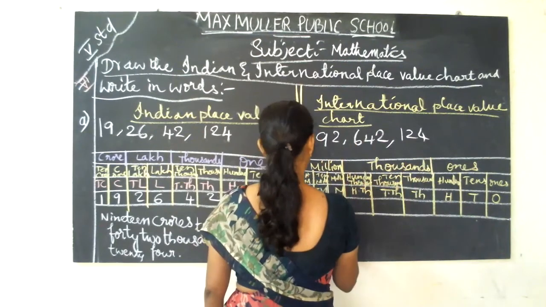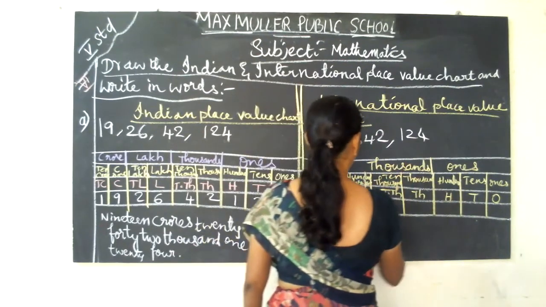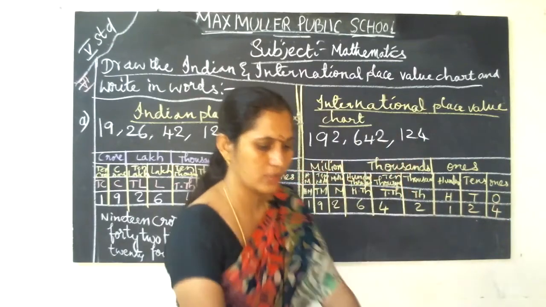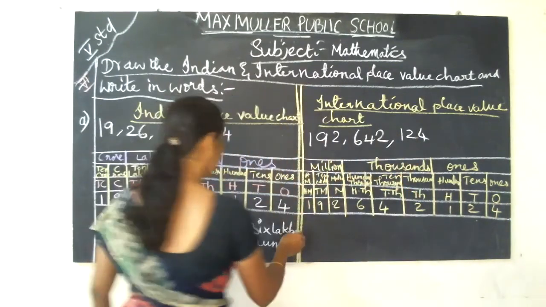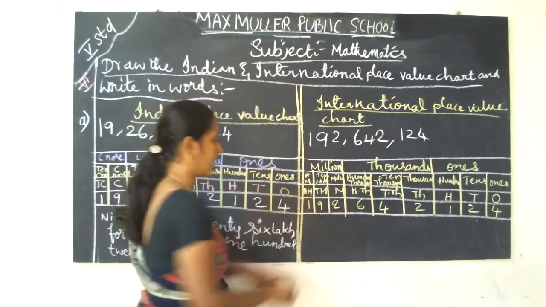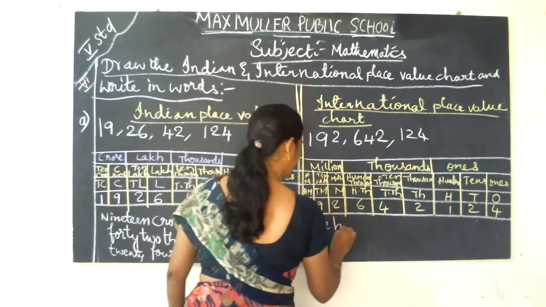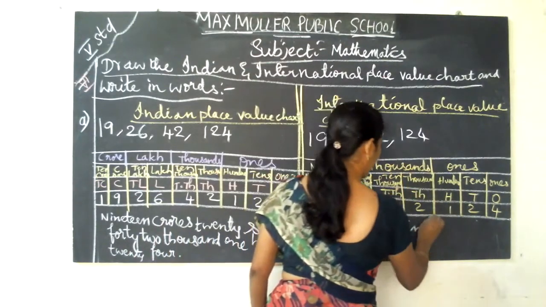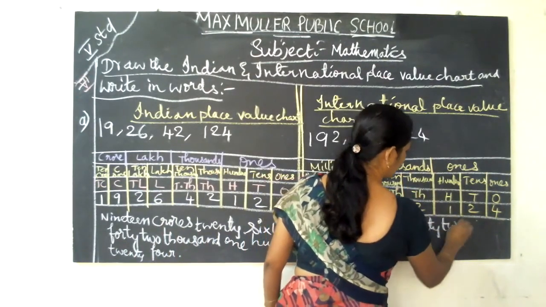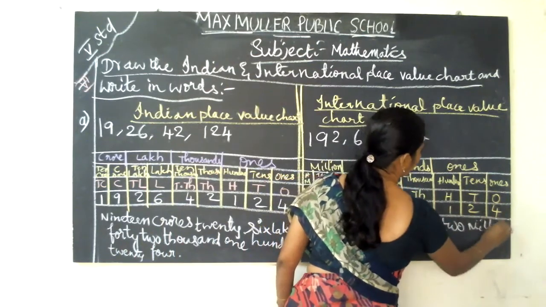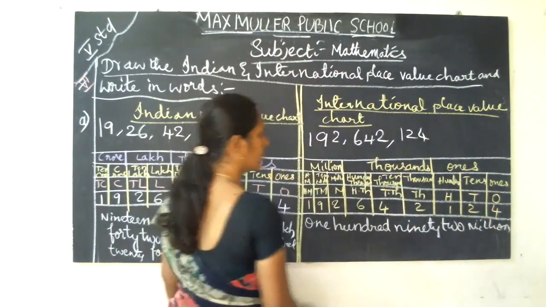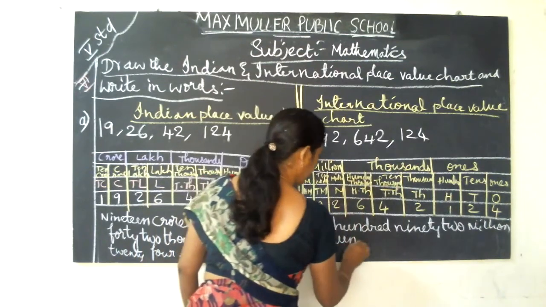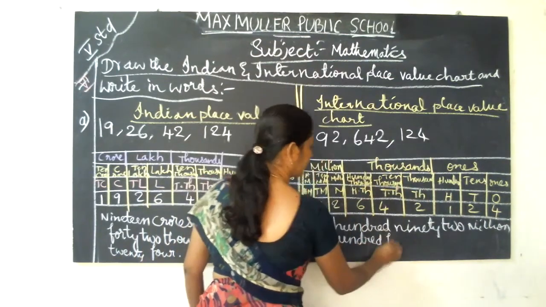So here 192, 642, 124. So this we have to write in words. What we have to write? How many million? 192 million, 642 thousand, 124.